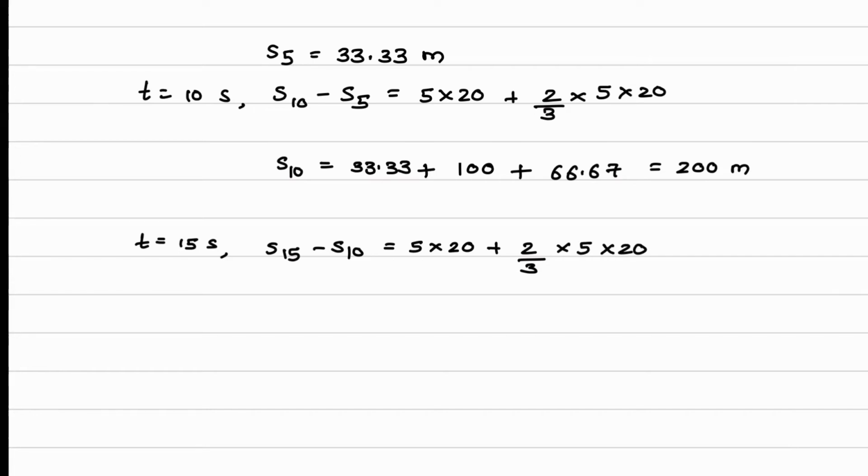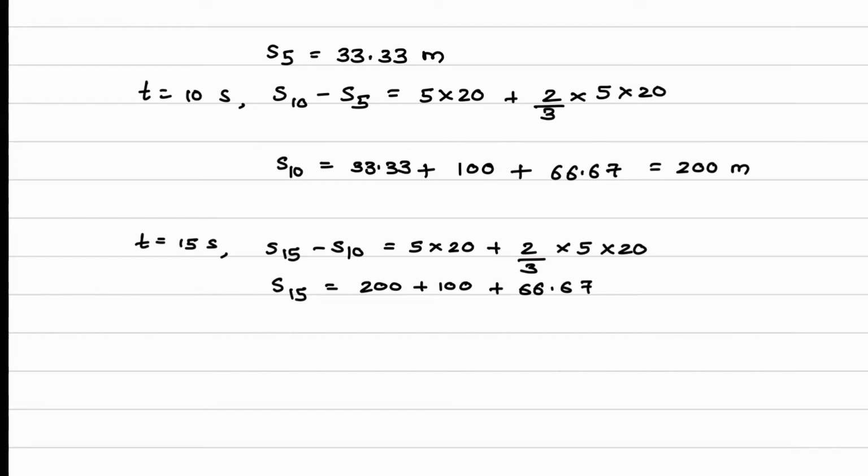So from here we have to substitute S10 value, which is 200. Okay, negative is there, it will go on right hand side and become positive. So S15 is equal to plus 200 plus 100 plus this is 100 and this value is 66.67.